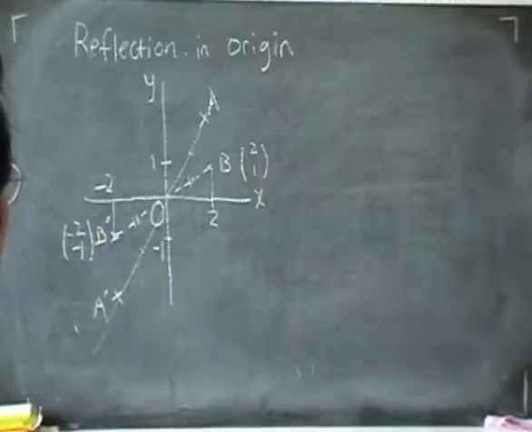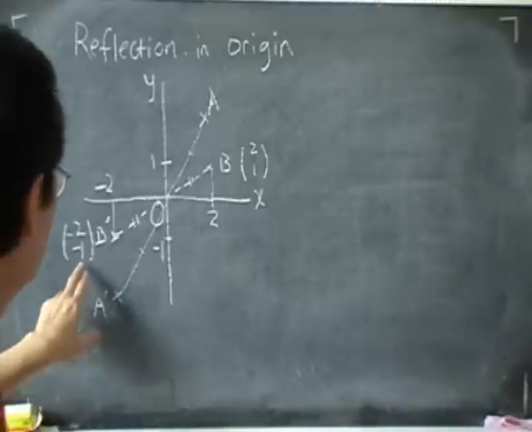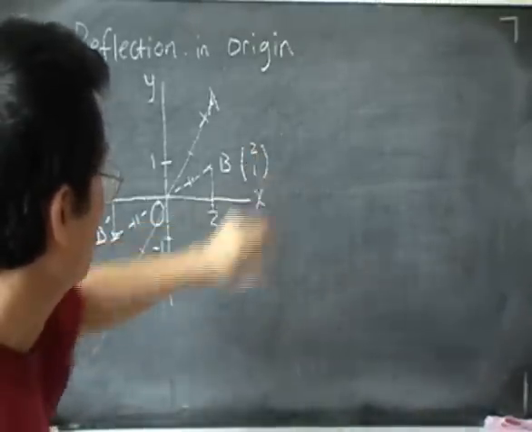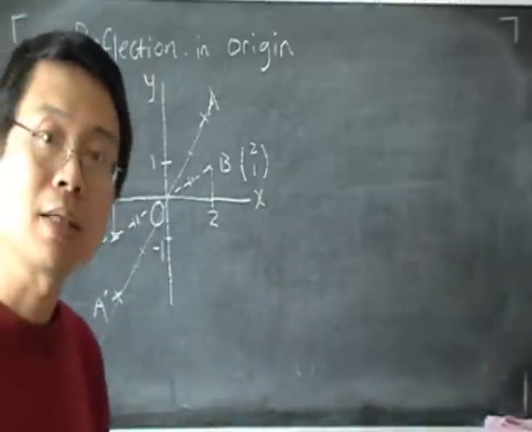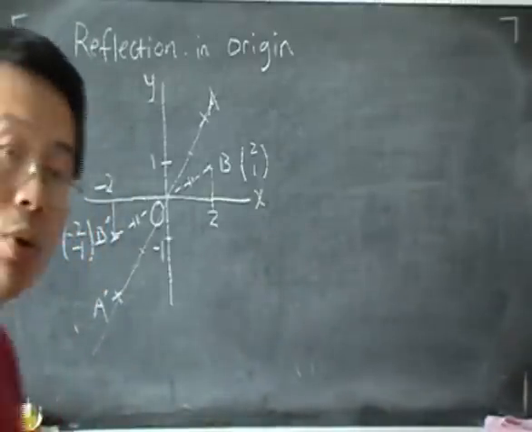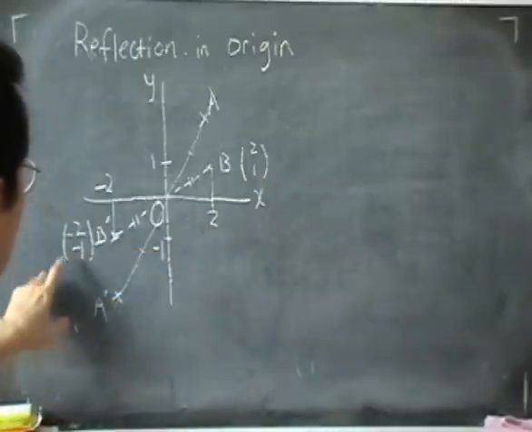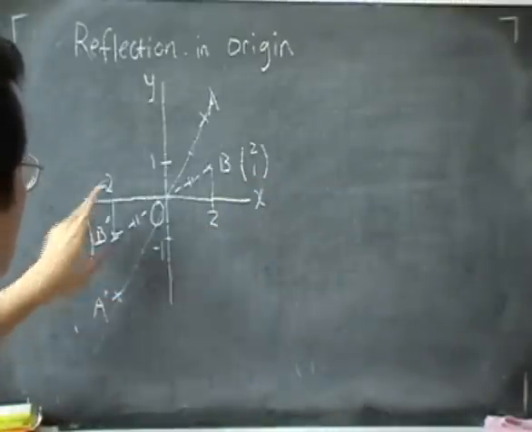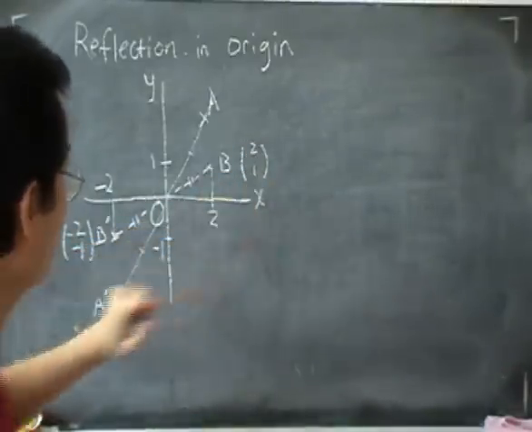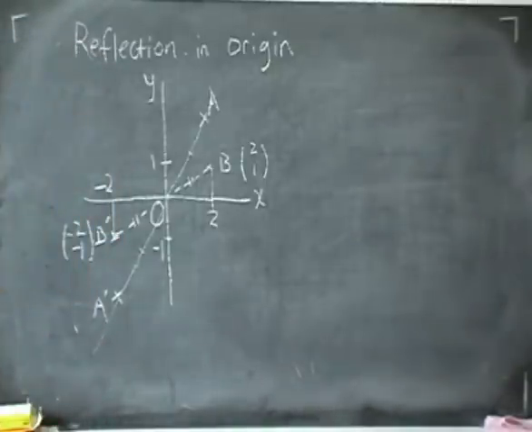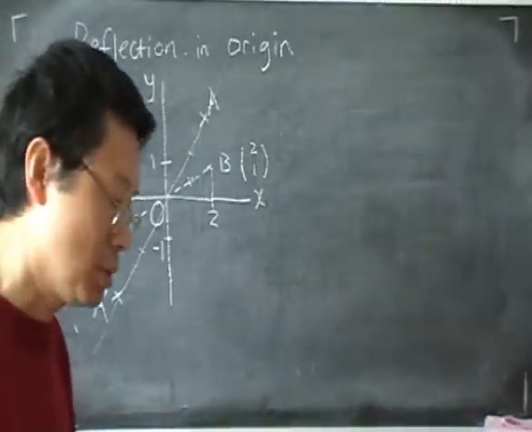Okay? If you look at this coordinate, minus 2, minus 1, and that one, 2, 1, you can see that all we really need to do is add minus signs to the numbers. 2, 1 becomes minus 2, minus 1. It's quite easy. So now let's see how we can do it using a matrix.